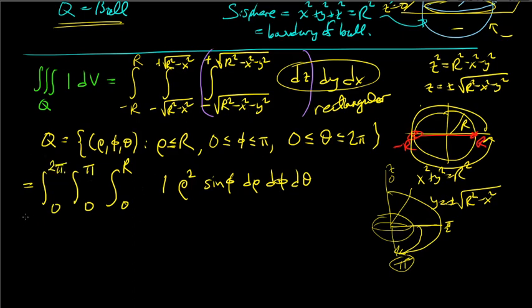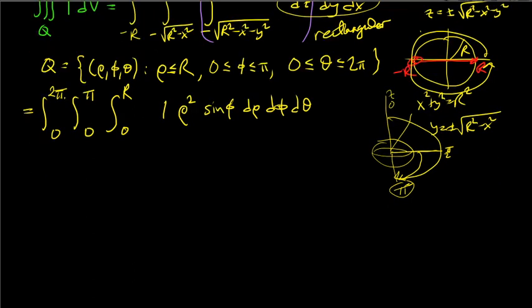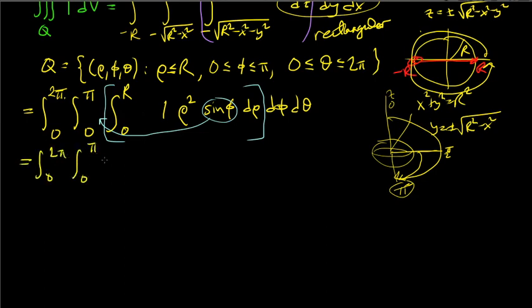And so this should not be a difficult integral at this point. Let's evaluate it, because we want the volume. So let's do the inside integral first. Remember, sine of phi doesn't depend on rho, so that can come outside. We'll do that on the next integral here. So from 0 to pi, we'll do the sine phi.